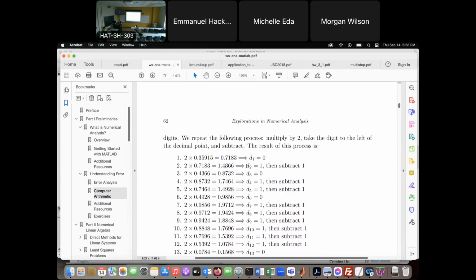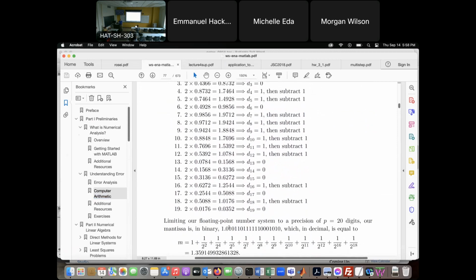So my next digit in my binary expansion, D2, that's 1. Because I got a non-zero digit, I subtract it off. Then I multiply what's left by 2, it's still less than 1, so I get a 0 digit. And then I multiply by 2 again, I get something greater than 1. And so you see how the process continues. And how I can keep multiplying by 2 and subtracting off whenever I get a non-zero leading digit.